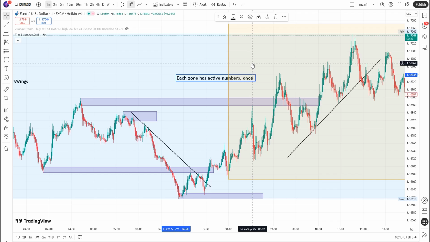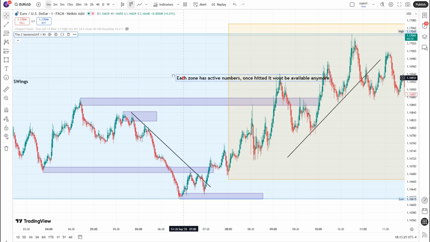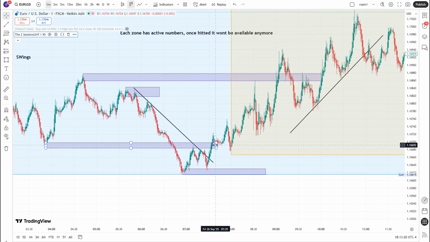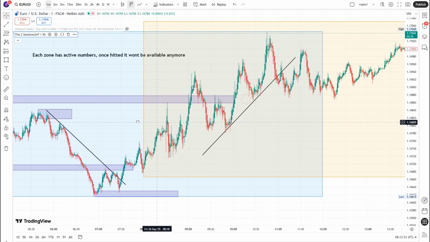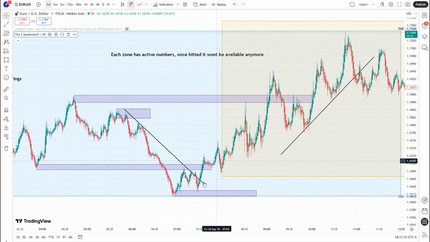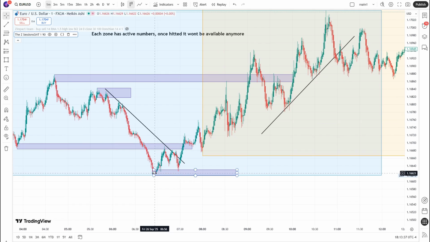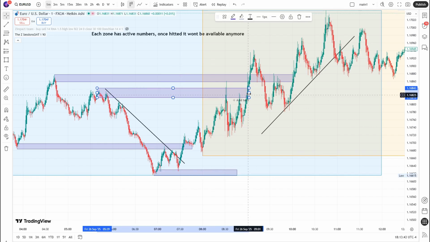Once hit, it won't be available anymore. So what I mean is, for example, here we have this zone and it goes up about this swing, we just use it once. Or here, this order block or this swing, we just use it once. Or here again, we just use it once.